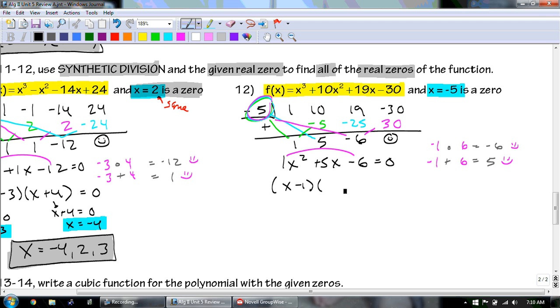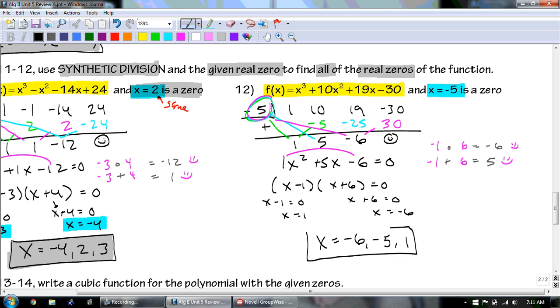So we get x minus 1, x plus 6 equals 0. Everything with the 0, or with a variable, we set equal to 0 to get our answers of 1 and -6. So putting our answers in numerical order, we get -6, -5, and +1.